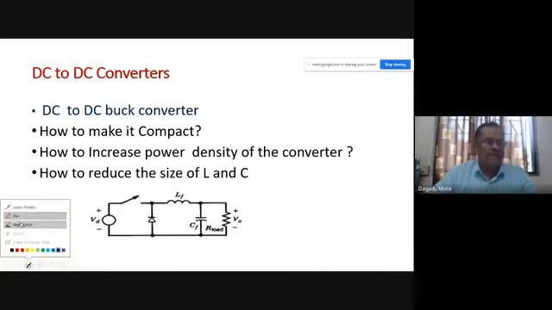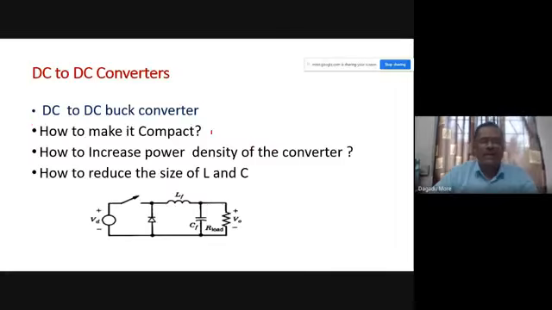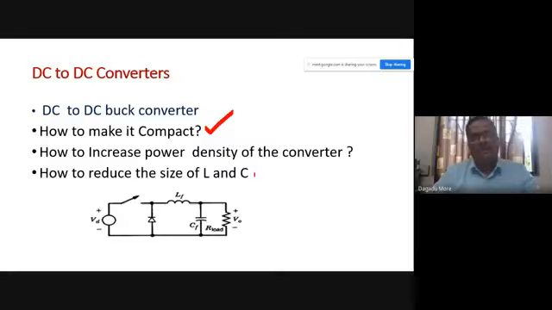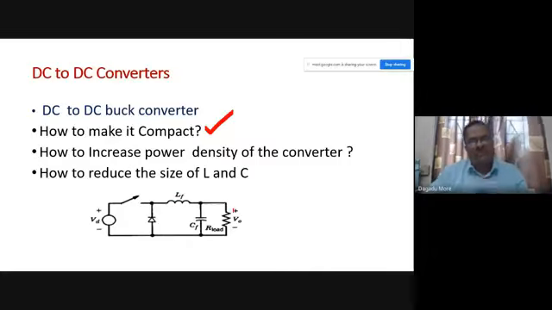We have to use lower values of this L and C. And for getting lower values of L and C, we want to operate this chopper at a high frequency.